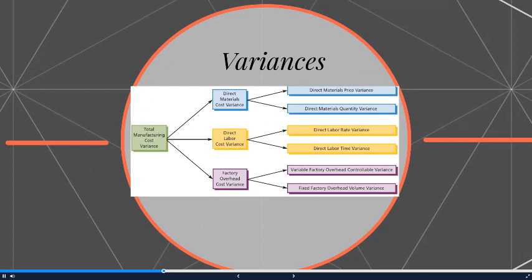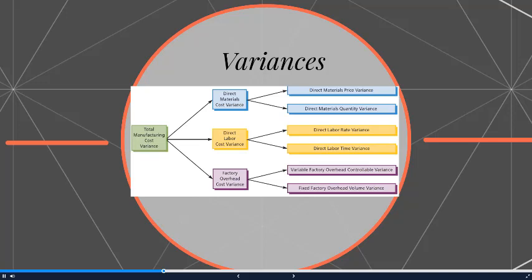This total manufacturing cost variance is broken down into our three product cost variances. We've already taken a look at that direct materials cost variance, but what we're going to do is break that apart even further so we can see exactly where these variances are coming from. That direct material cost variance is broken into two pieces.